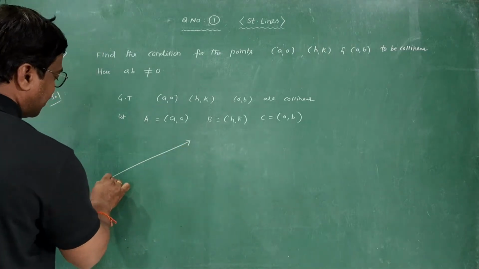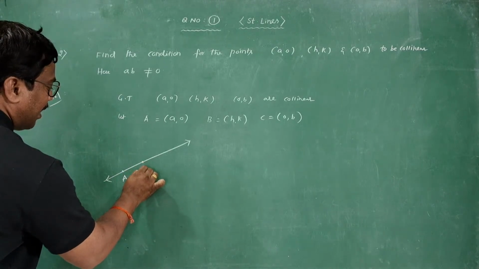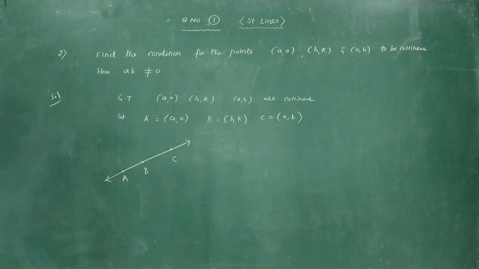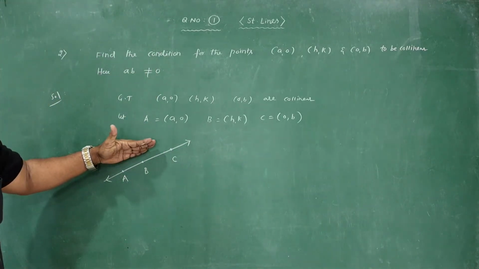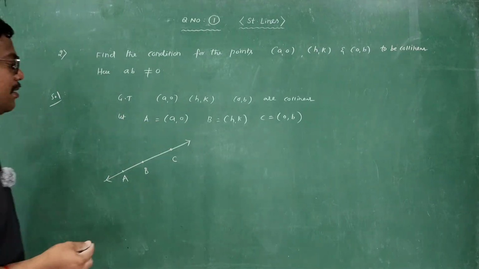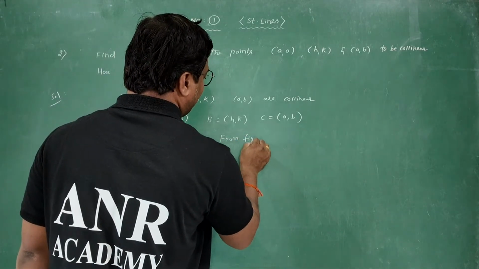Since the points are collinear, they lie on the same straight line, capital A, capital B, and capital C here. From the figure it is very clear that the slope of AB is the same as the slope of BC, or AC, you may write.